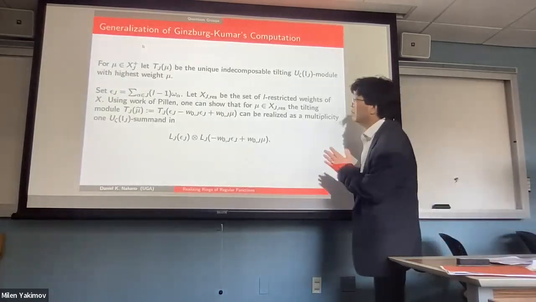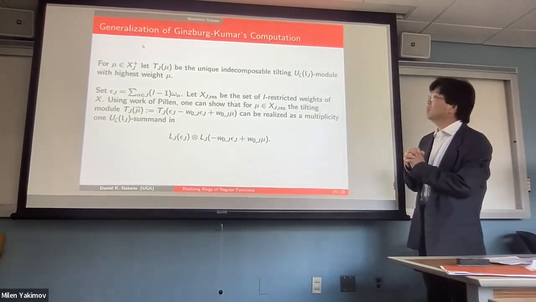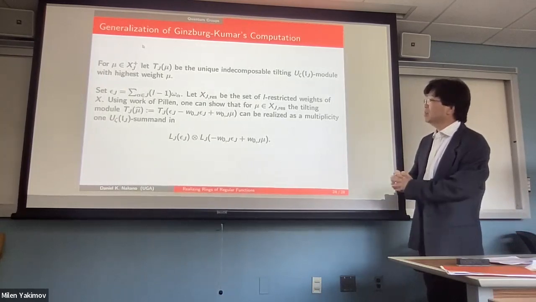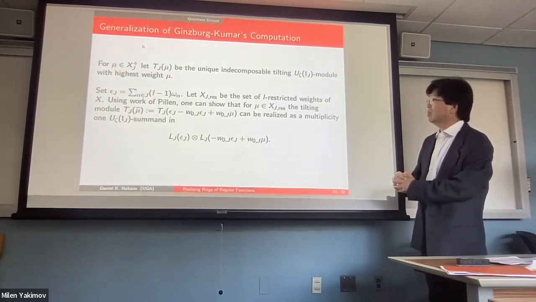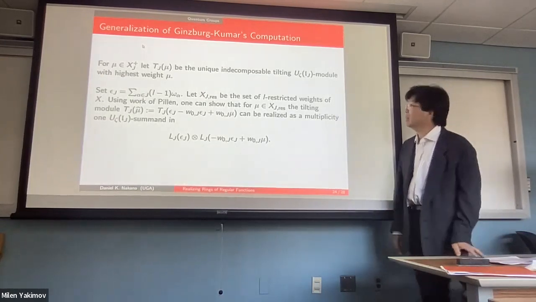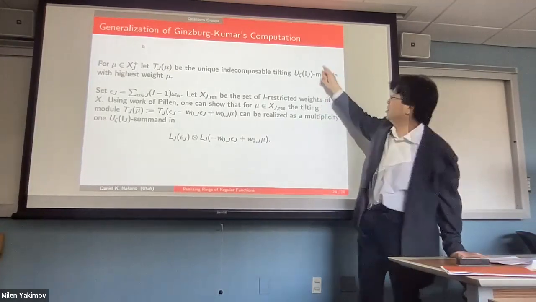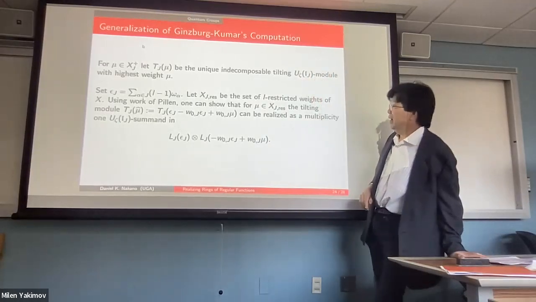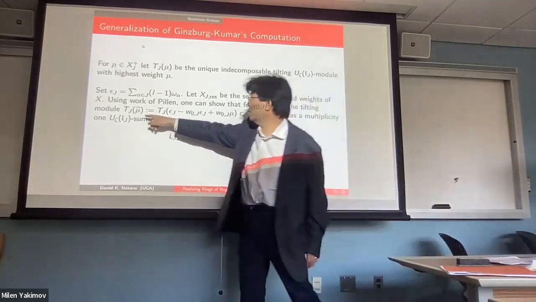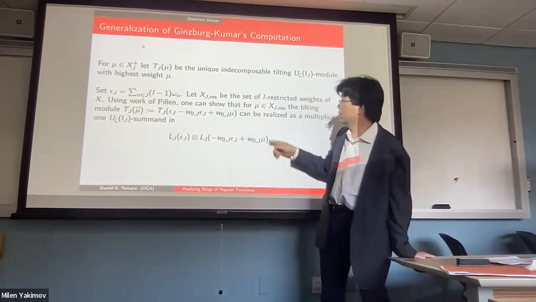Okay, so a few more things. It turns out that you can actually generalize Ginsburg and Kumar's computation by using tilting modules, which are related to these partial Steinberg modules. This is rather technical, but you can look at tilting modules for the Levi subalgebra, and you can realize these tilting modules, when I take these particular weights, as a summand inside of this tensor product over here.